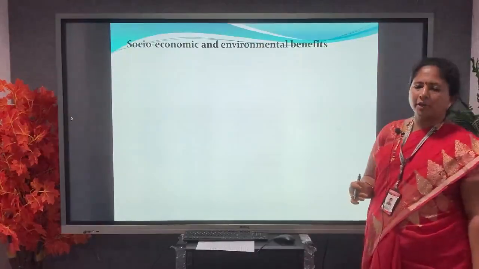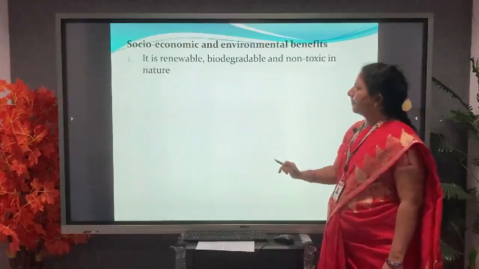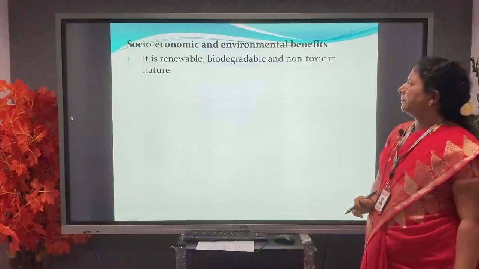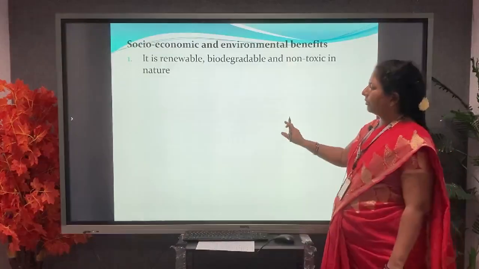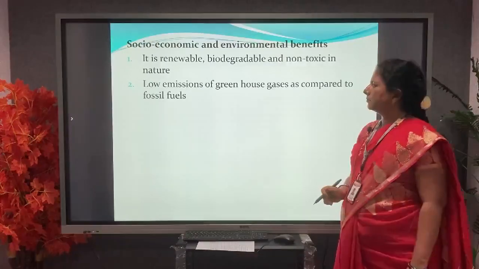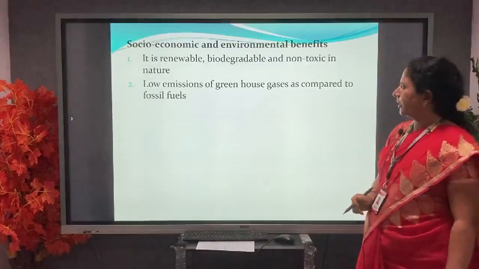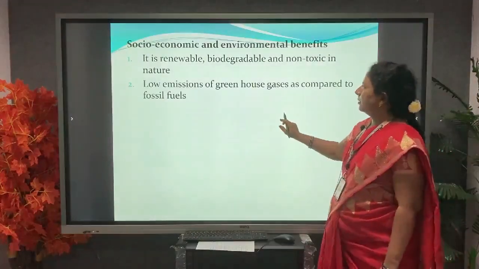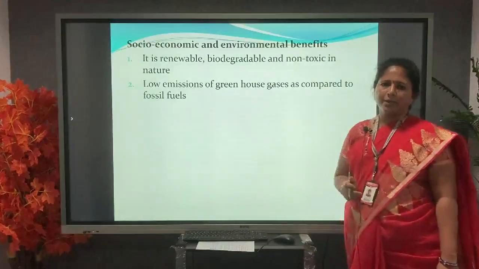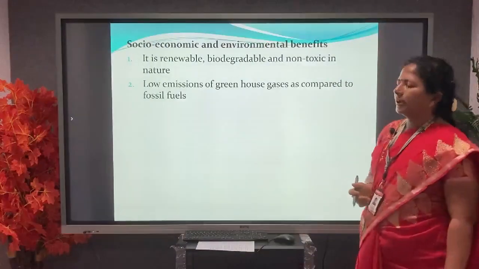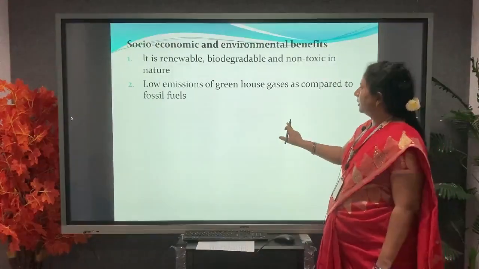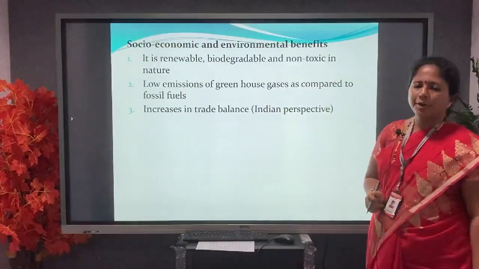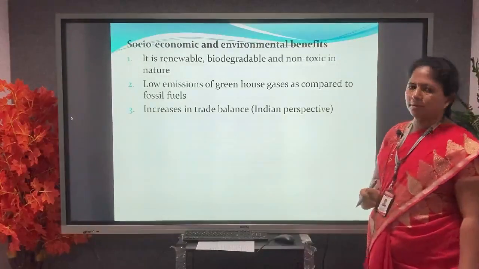Socio-economic and environmental benefits. Biodiesel is renewable, biodegradable and non-toxic in nature. Low emissions of greenhouse gases when compared to fossil fuels. Fossil fuels mainly contain carbon, so they release greenhouse gases on combustion. Increase in trade balance from the Indian perspective.